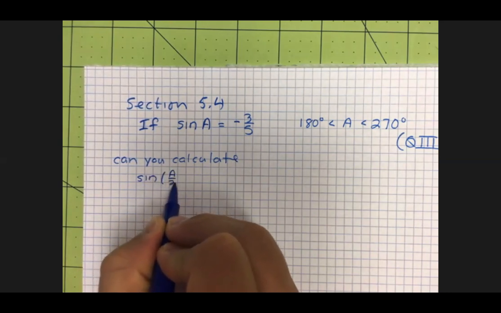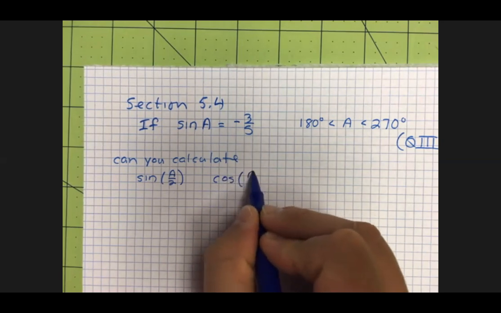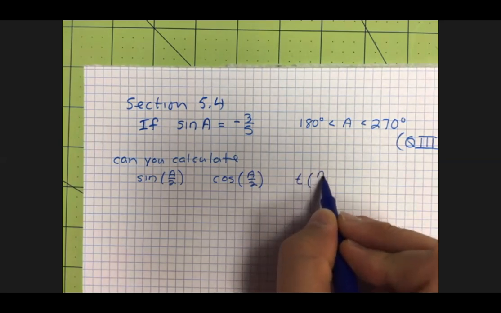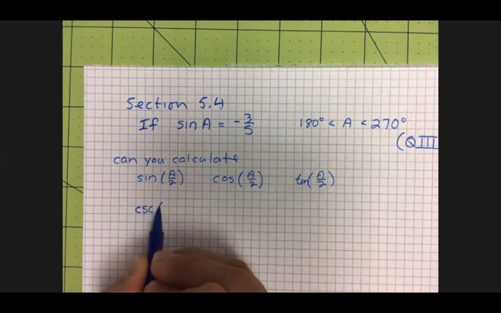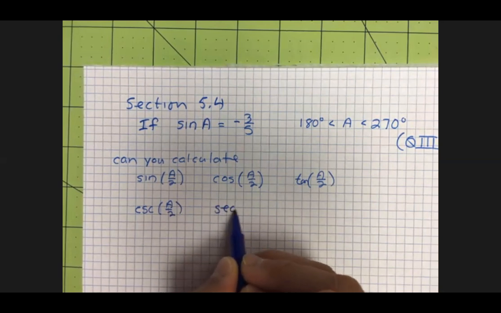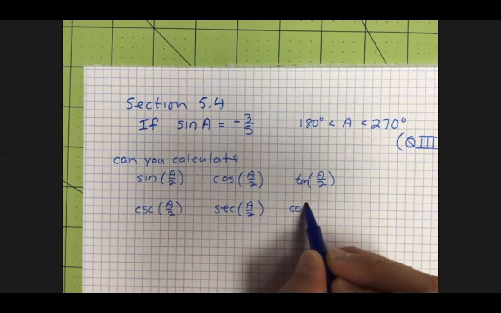Sine of A over 2, cosine of A over 2, tangent of A over 2. Then cosecant of A over 2, secant of A over 2, and cotangent of A over 2.